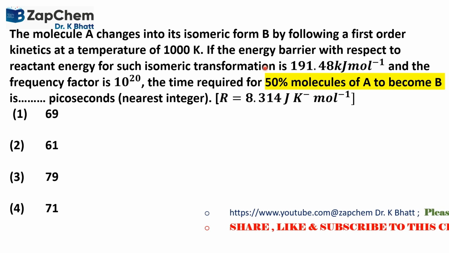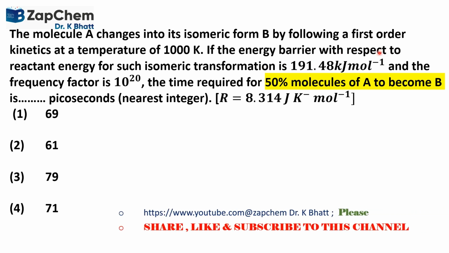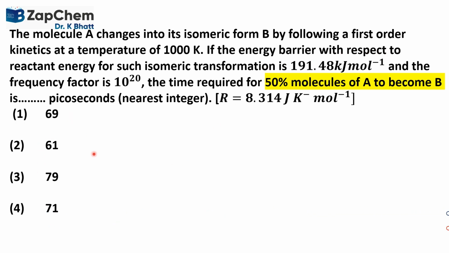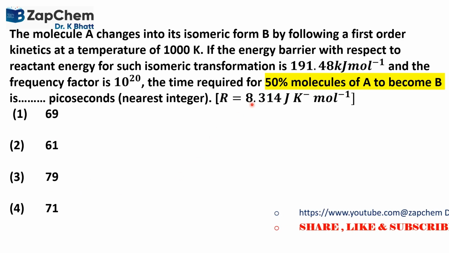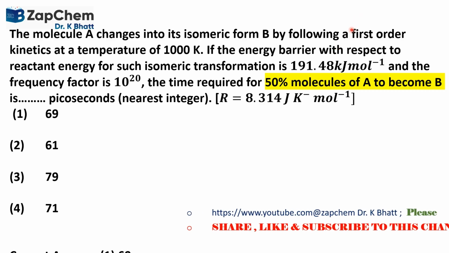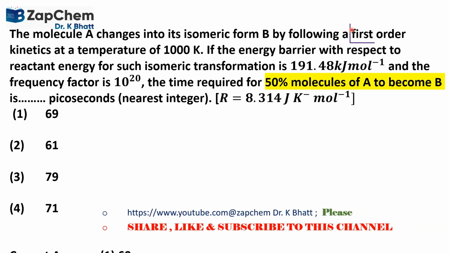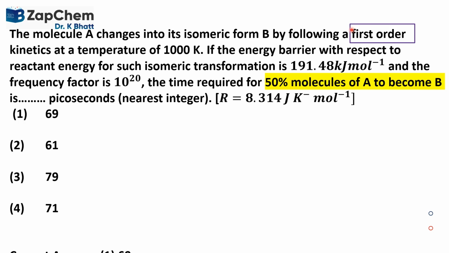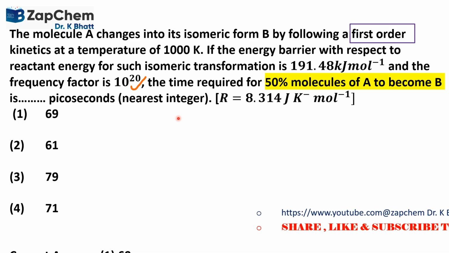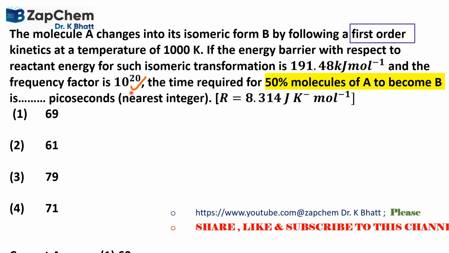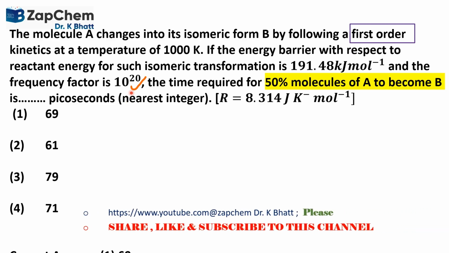And we find a number of options are given, and we have to find out the correct answer out of all these four options. And as we look here again, we find it is a first order reaction. Definitely, this is one hint. The other hint is that the frequency factor is given as 10 to the power 20.